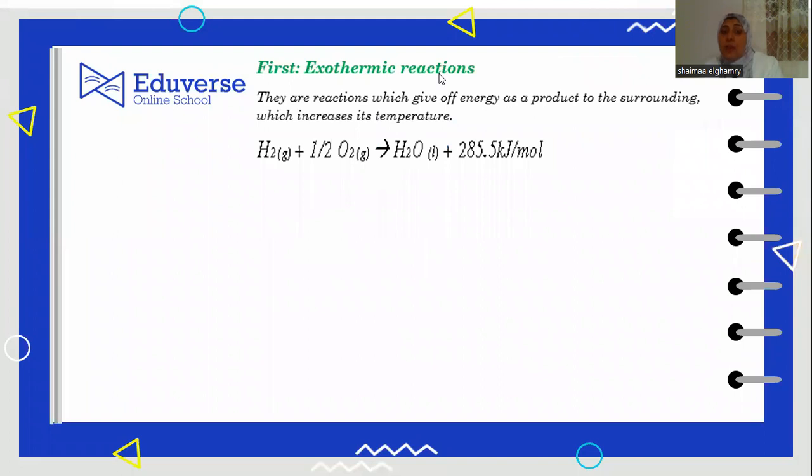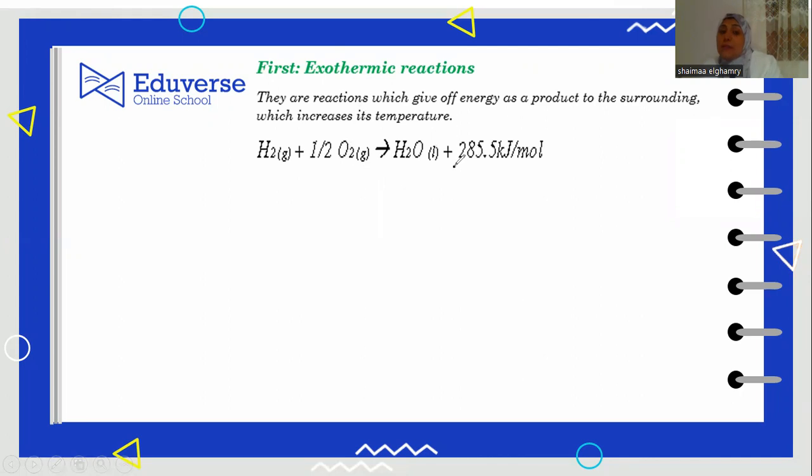The exothermic reaction. Exothermic reaction means the heat content of reactant is greater than the heat content of product.